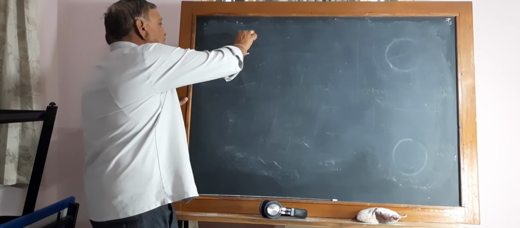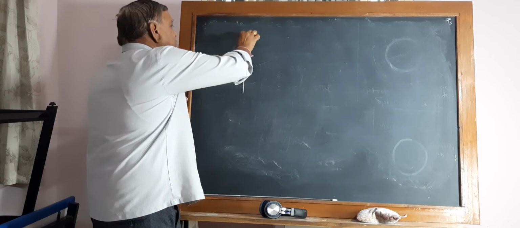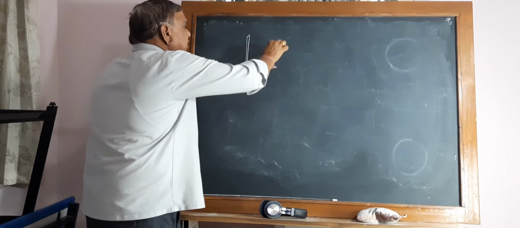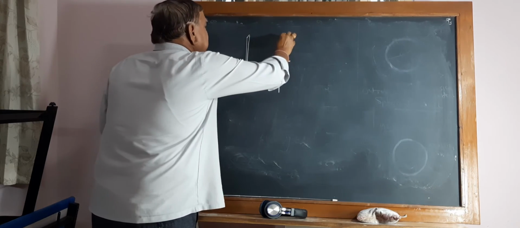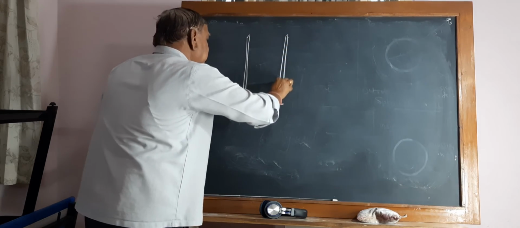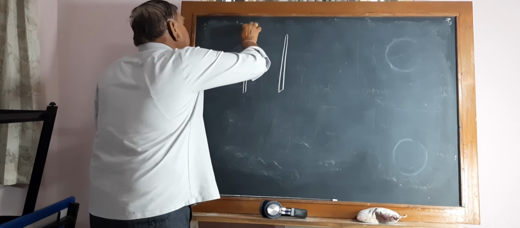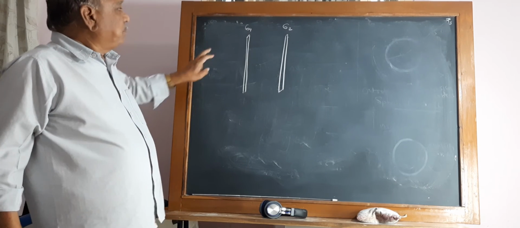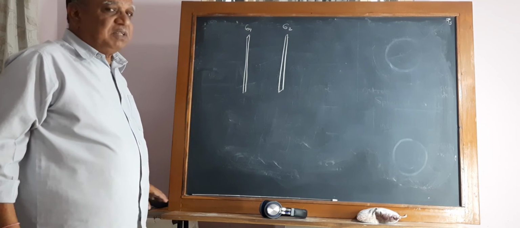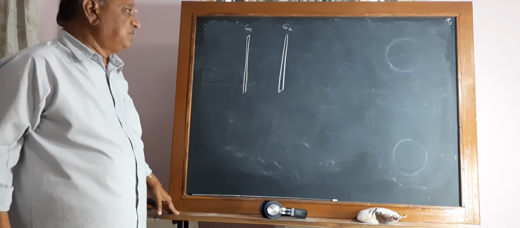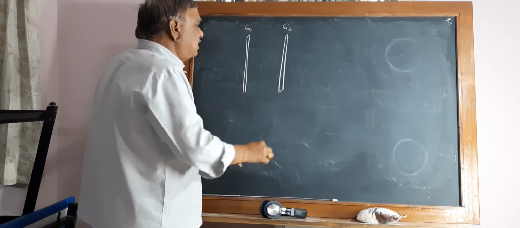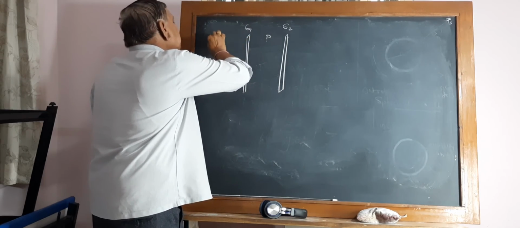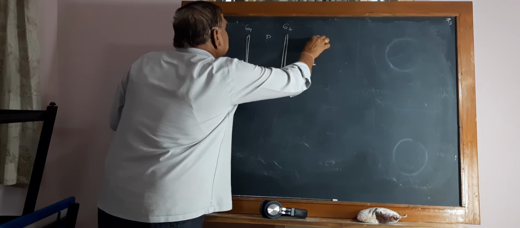Suppose we have taken two infinite plane sheets kept parallel to each other with surface charge densities sigma 1 and sigma 2. For convenience, we are taking both positive, and we are interested to find the field at points P, Q, and R.